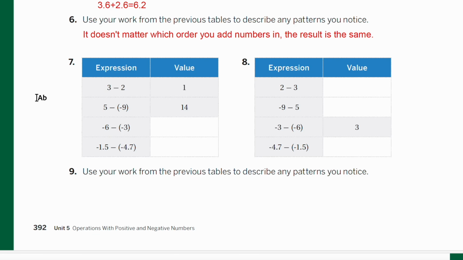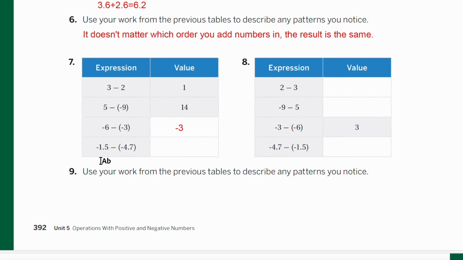Let's go on to the next table, and here we're subtracting. So we have negative 6 minus negative 3, so we'll start at negative 6, and then we're removing anchors, so we're going to move up. So 3 spaces up from negative 6 would be negative 3. And in the next one we have negative 1.5 minus negative 4.7.